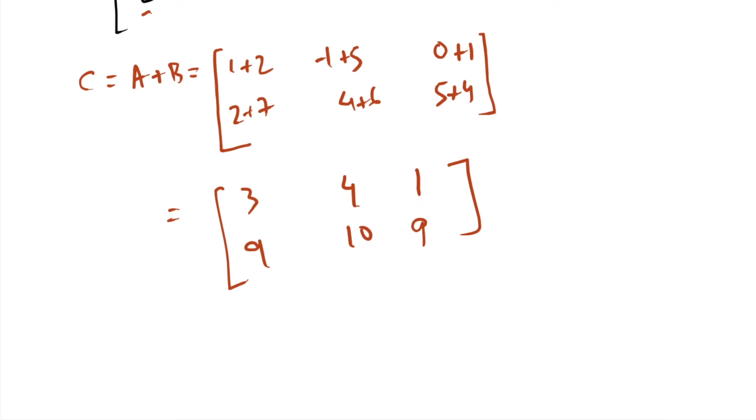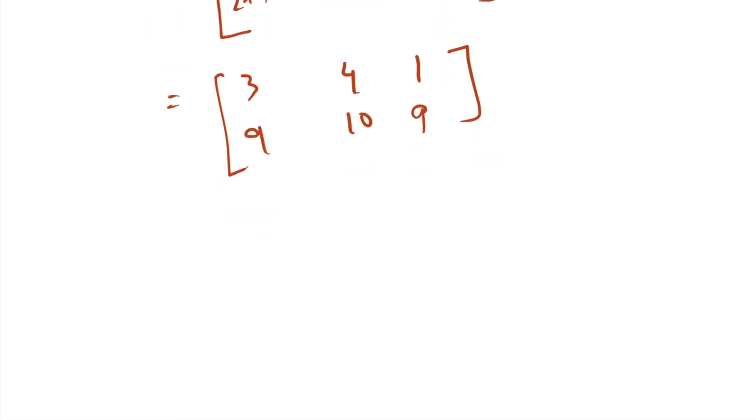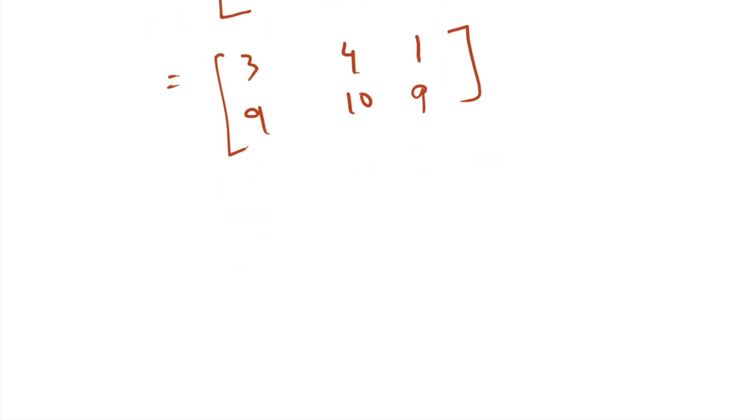So we also have a concept of additive identity in matrix addition, and let's define it by a zero matrix. A zero matrix is denoted by a boldened 0, and let's say its dimensions are m by n.